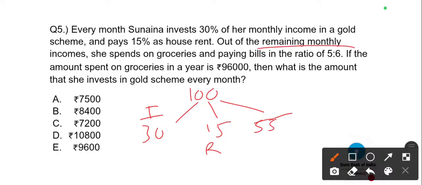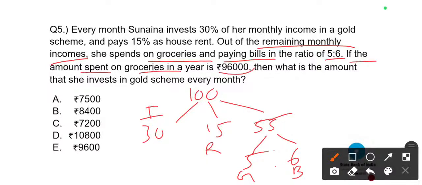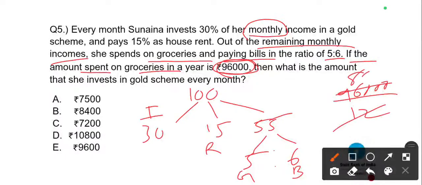Out of the remaining monthly income, she spends on groceries and paying bills in the ratio of 5:6. If the amount spent on groceries in a year is 96,000, here they are talking about monthly, but it is yearly. So 96,000 divided by 12 will be 8,000 for groceries.